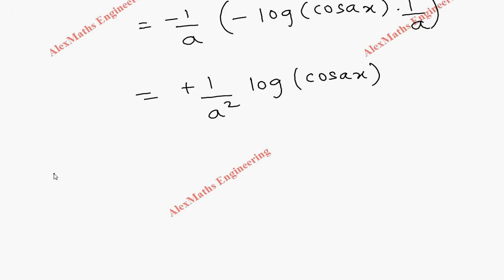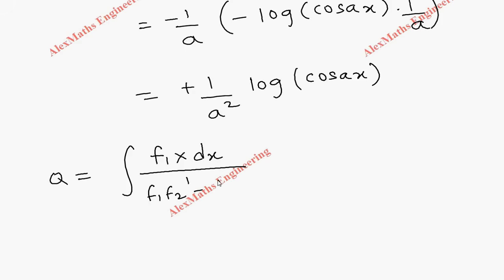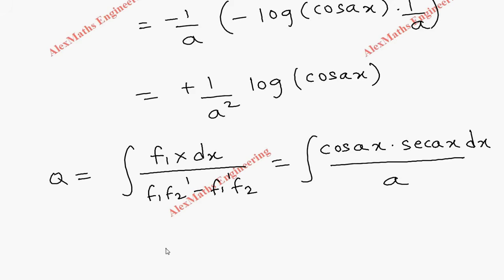Now coming to q, which is integral f1 x dx divided by f1 f2 dash minus f1 dash f2. So this is cos ax into secant ax dx whole divided by a.